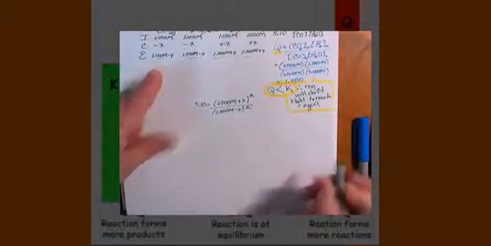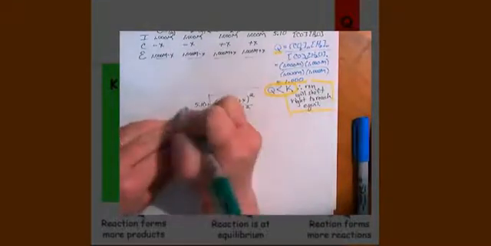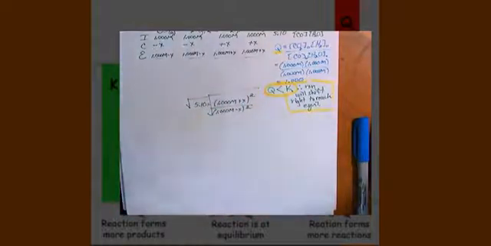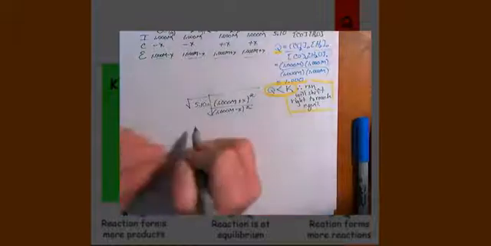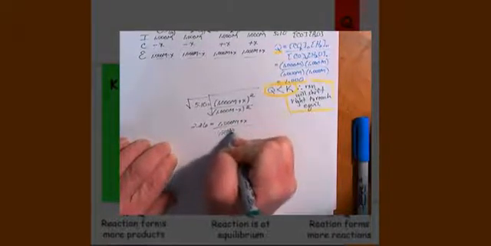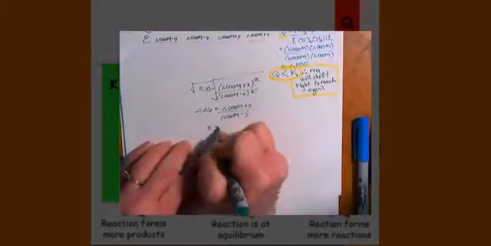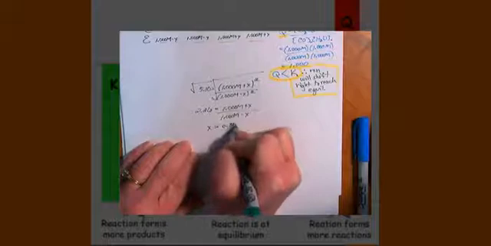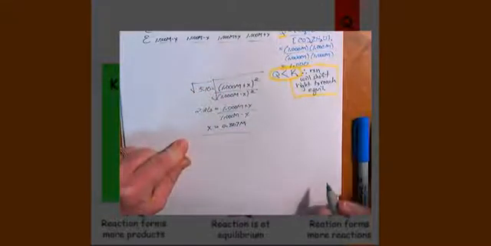All right, let's solve for x. So, taking the square root of both sides, we get 2.26. And then you'll just follow through with whatever algebraic steps make sense. And we get that x is equal to 0.387. And of course, the unit will be molar on that. Then we can just apply it.